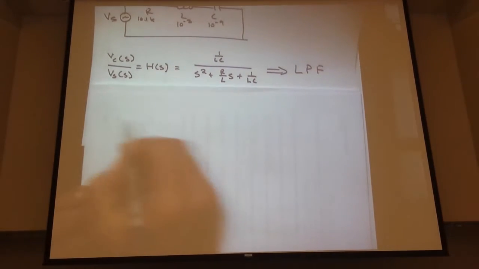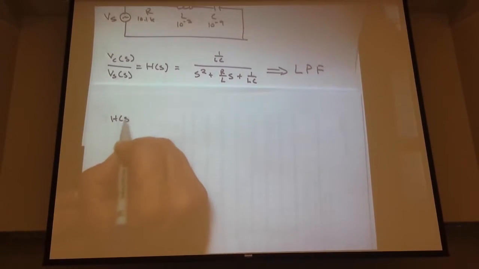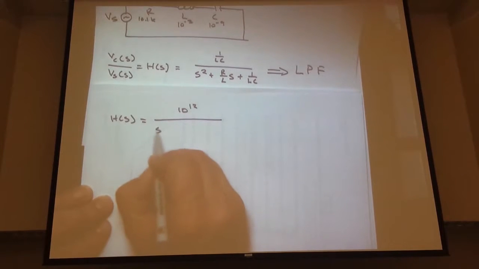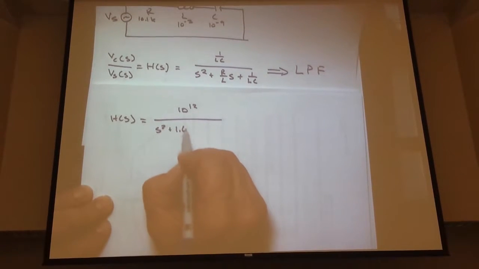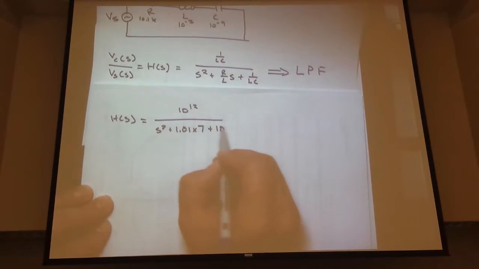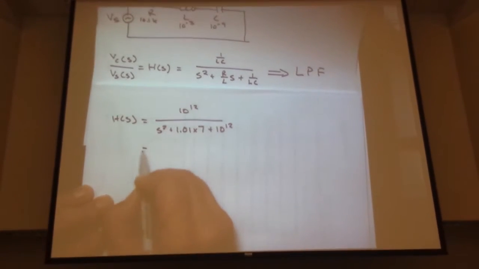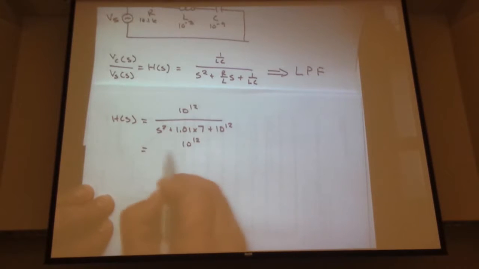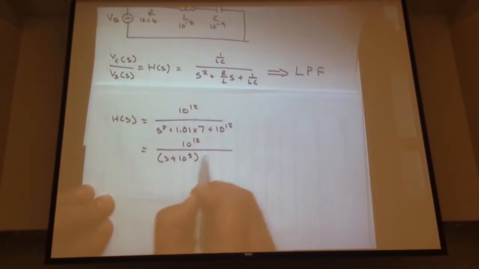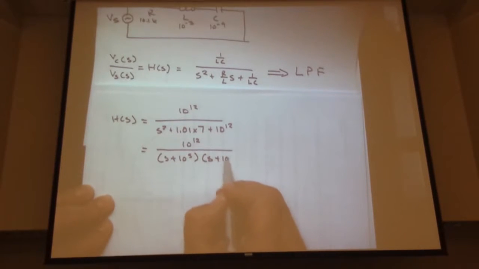So for those particular values, we wind up with H of S equals 10 to the 12 over S squared plus 1.01 times 10 to the 7 S plus 10 to the 12. And hopefully I did that right. And if we factor this, by coincidence, we get nice, clean factors.